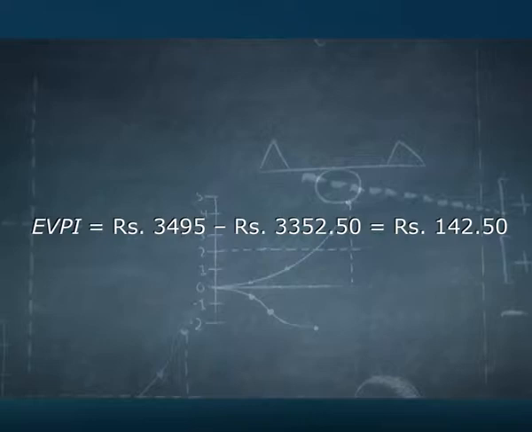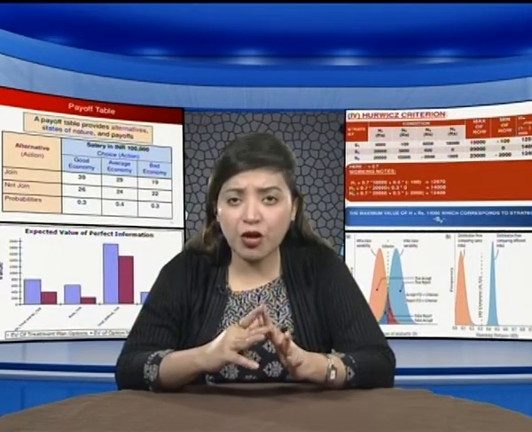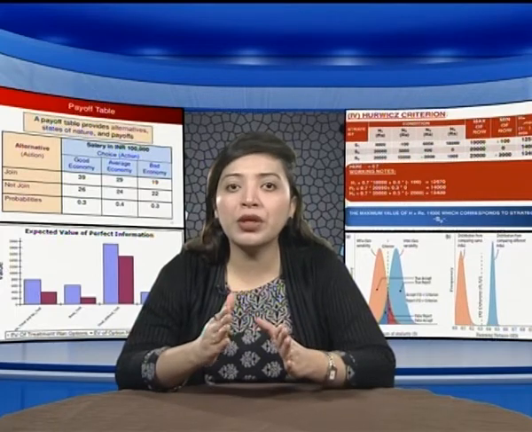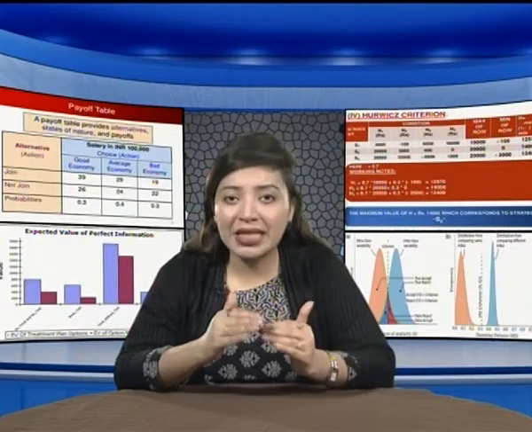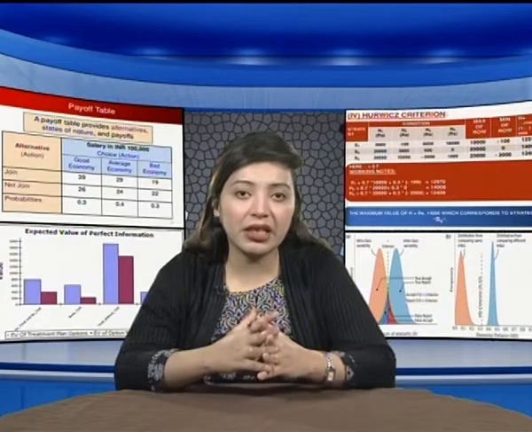This is equal to Rs 142.50. The EVPI of Rs 142.50 is the maximum amount the fruit seller would be willing to pay per day for a perfect predictor, because that is the maximum amount by which he can increase his expected daily profits.